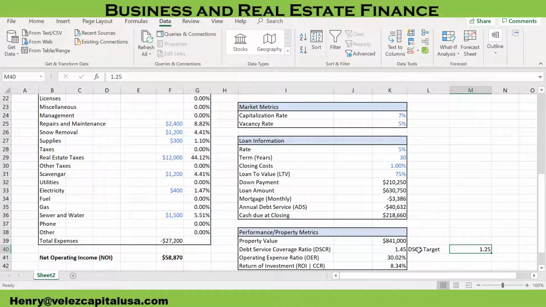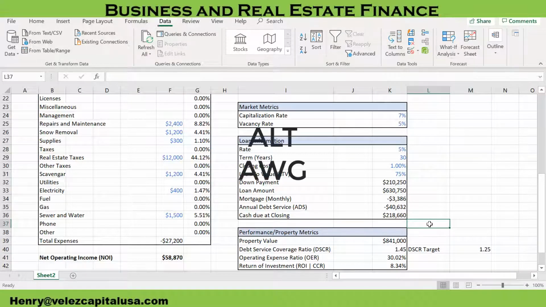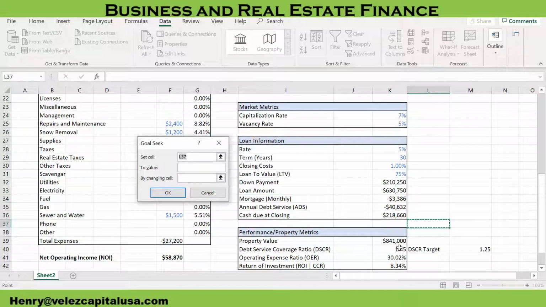If they say 1.25, we use Goal Seek, and we set this cell to the value 1.25 by changing the down payment, in a sense the size of the loan. This is going to iterate, changing this number until this becomes 1.25, and it's going to change the entire spreadsheet too.